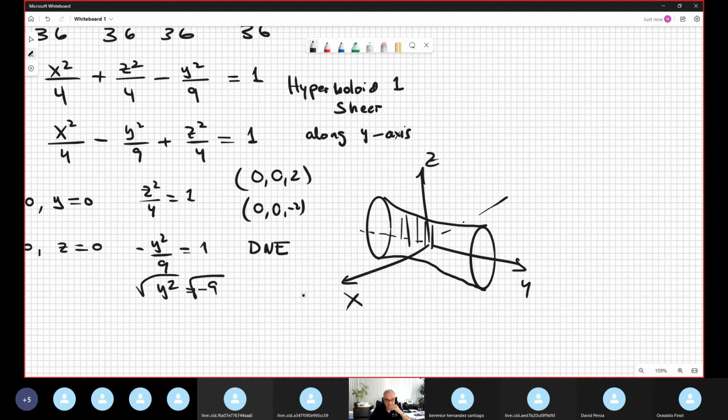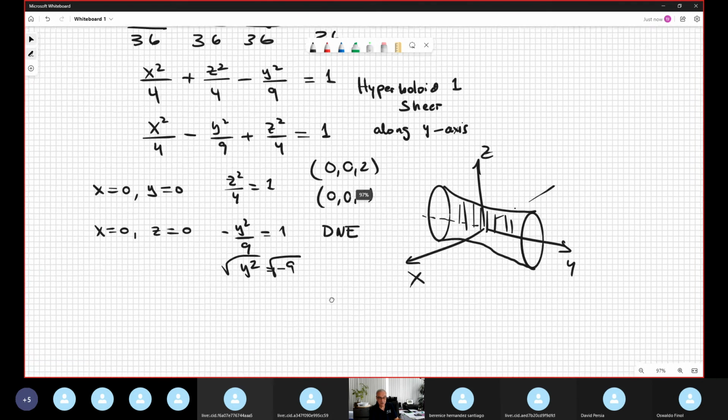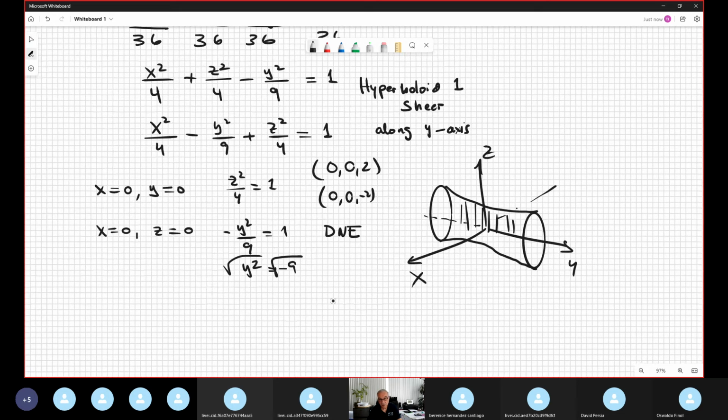This surface never touches the y-axis. Remember, this is not a solid. It's important that we are talking about a surface. The surface is the peel, the surface area, the part totally outside. So this surface never touches the y-axis. However, of course, it touches the z and the x.